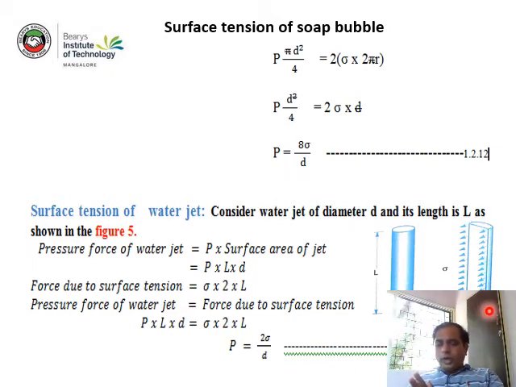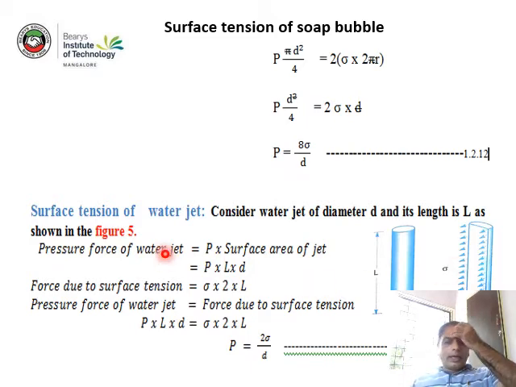On one equal part, I show you the surface tension. And I calculate the pressure force first. How to calculate pressure force? Pressure force is equal to P into this cross-sectional area. That cross-sectional area is nothing but L into D. I got the surface area. P into surface area is nothing but the pressure force.